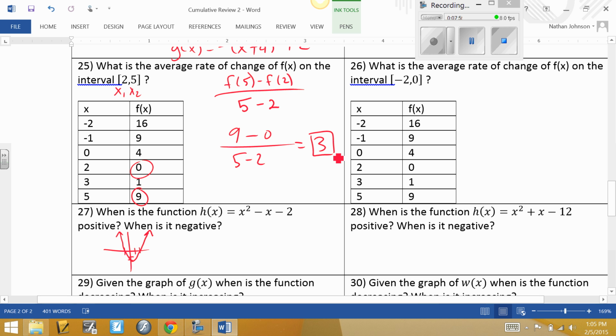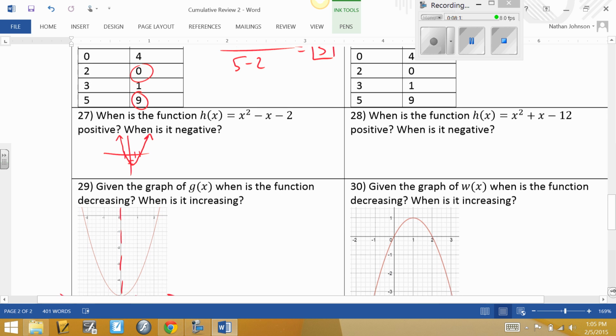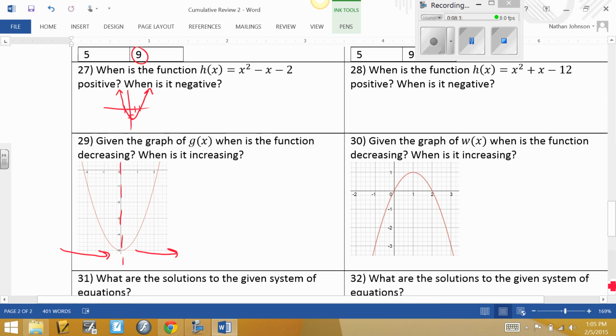Try problem 26. Using that same technique. For problems 27 and 28, we'll want to use our calculators, or we could graph by hand.